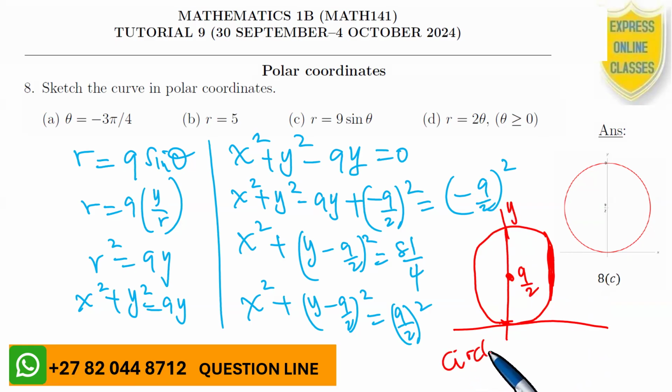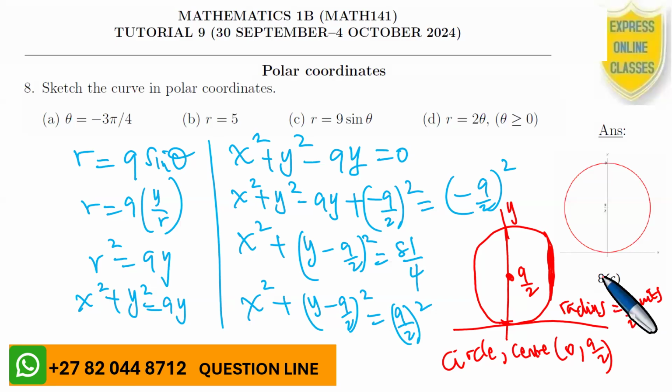It's a circle with center (0, 9/2) and radius equals 9 over 2 units. So take a look and think about it.